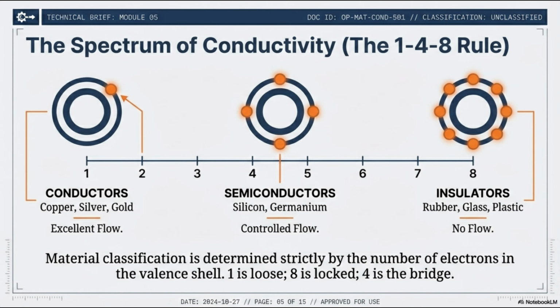So at this point, we have the spectrum of conductivity, the 1-4-8 rule. We use these numbers because of most of the materials that we are going to consider, based on their characteristics and how they are made up, we have these three important numbers: 1, 4, and 8. So what does one mean?